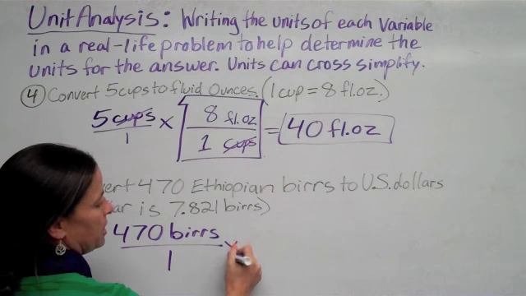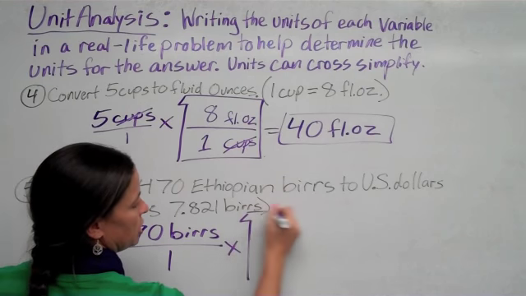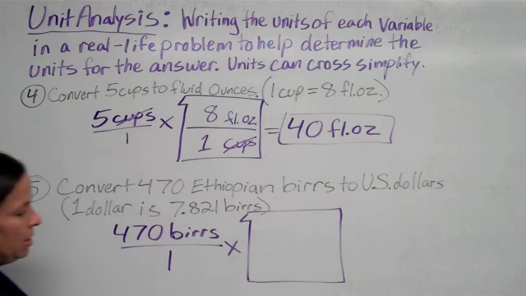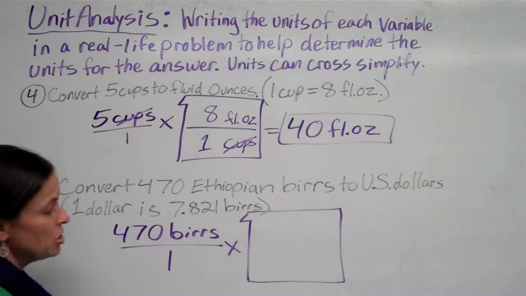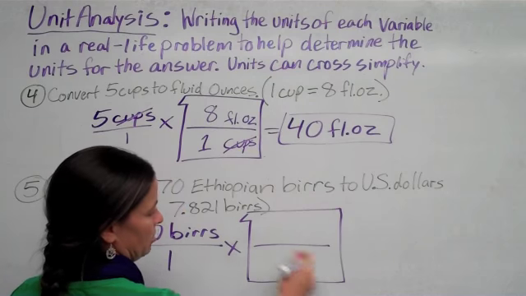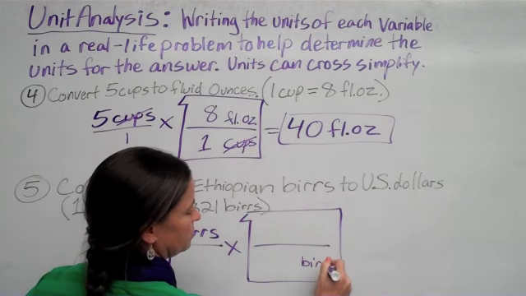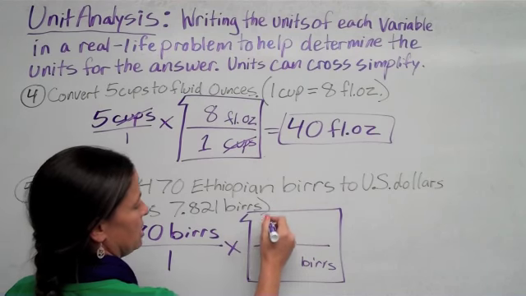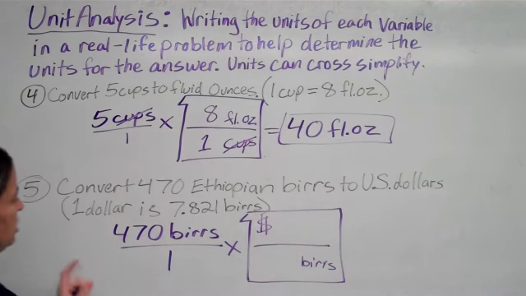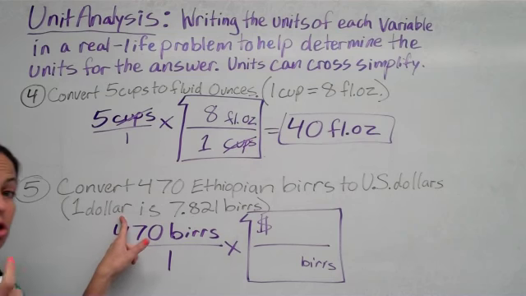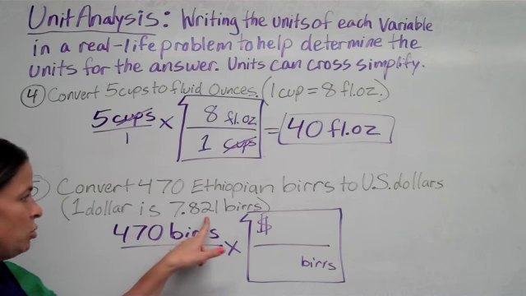And I'm going to multiply this by a big, gigantic 1. Now my goal is to cross simplify the birrs. So if I want to simplify it out, I need the birrs on bottom. And on top, the US dollars. So what do they tell me? Well, they tell me $1, 1 US dollar, is 7.821 birrs.